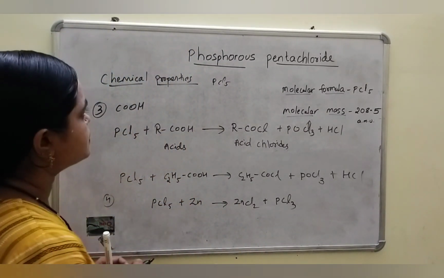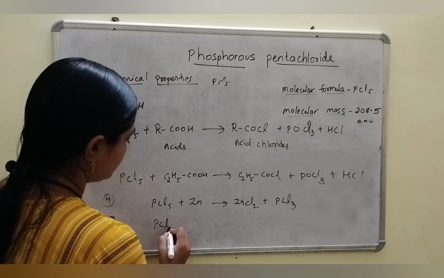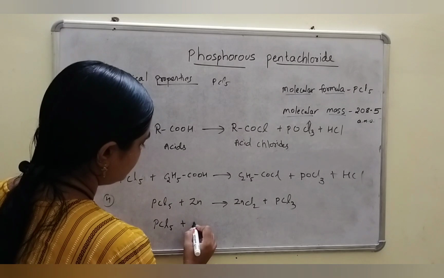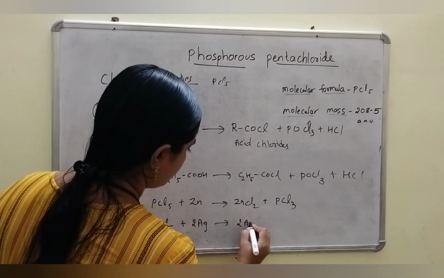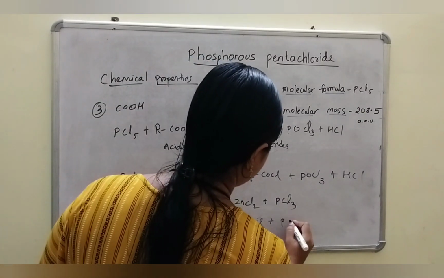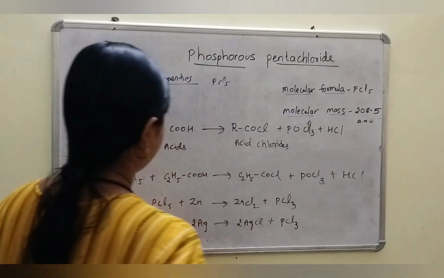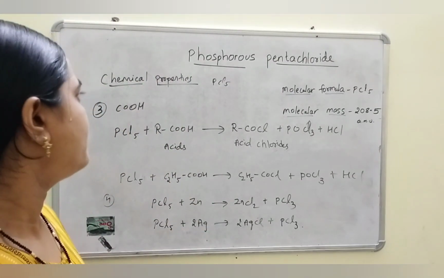When phosphorus pentachloride is treated with silver, it gives AgCl plus POCl3. These are the reactions of phosphorus pentachloride with metals.